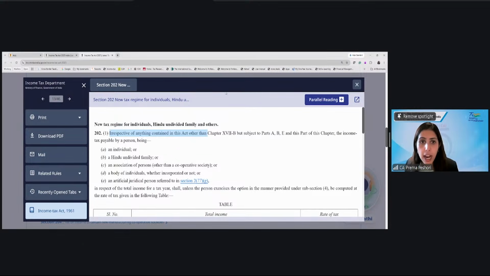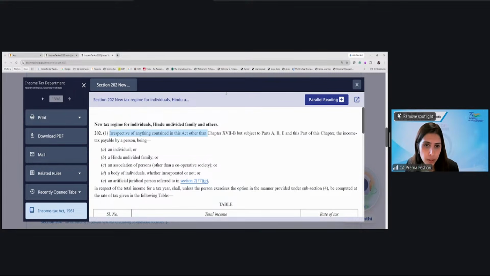However, I am not overriding the chapter which talks about the tax rates. That chapter I will not override, because in that chapter there are some special rates which are given. Since those special rates will continue to apply to those particular sets of income, I will not say that every kind of income should be taxed at the slab rate. That is the idea of saying subject to.